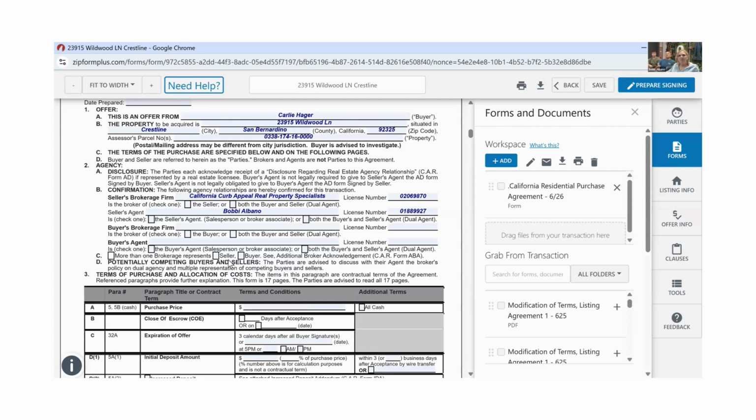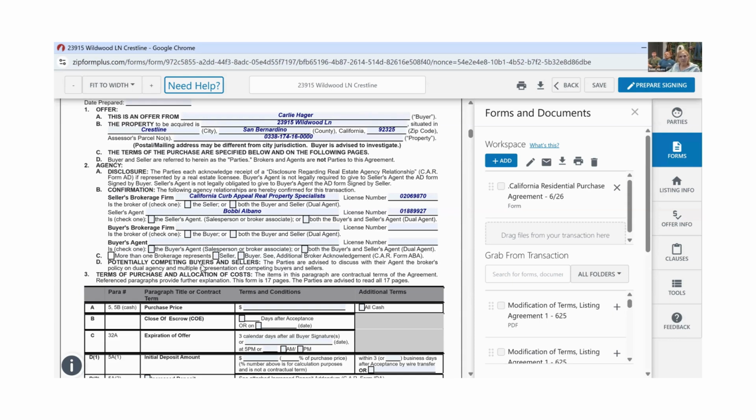That's not a common situation. And if this does apply, you want to definitely add the CAR ABA. But here's what's cool. If you do click one of these boxes, it's automatically going to throw this form into your transaction. So it gets it ready for you.